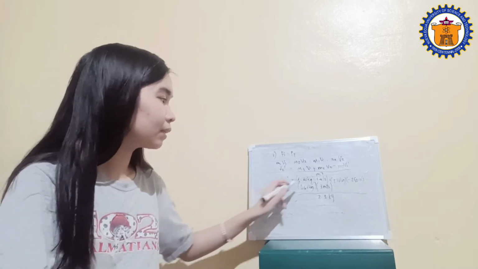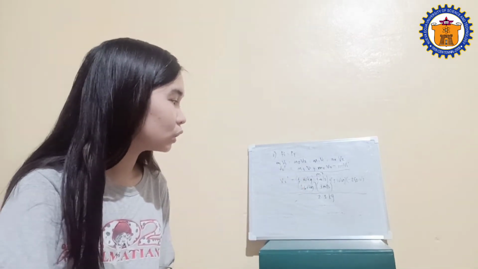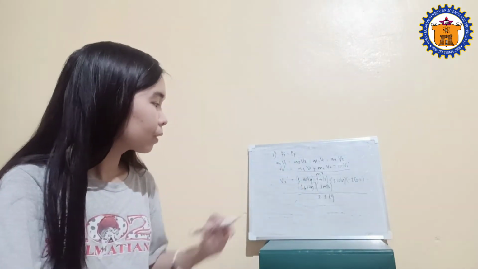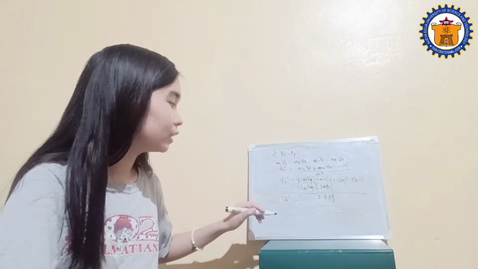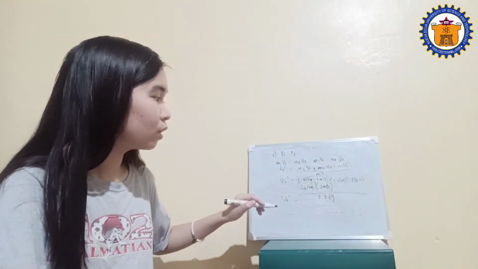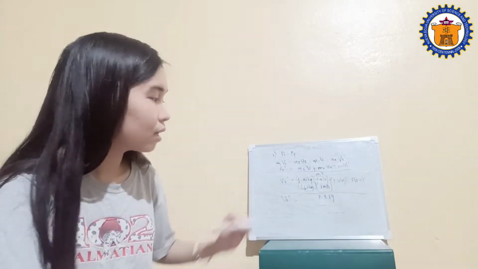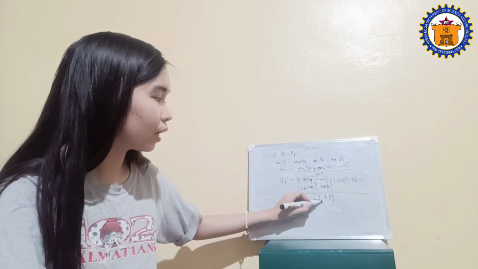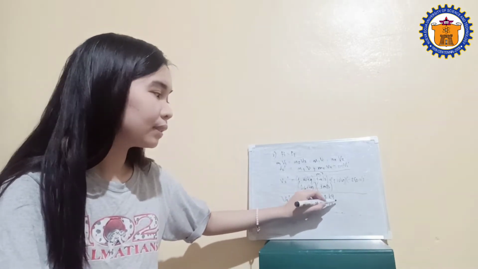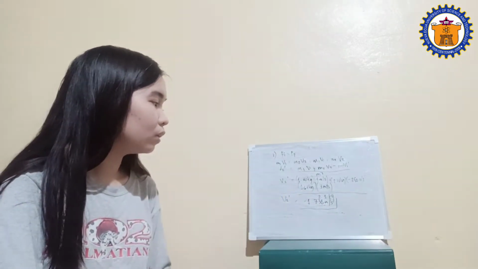So, ipagta-times lang natin lahat yan, then divide sa 2.1 kilograms. Makukuha na natin ngayon yung velocity of the second block, which is equivalent sa negative 1.738 meters per second.